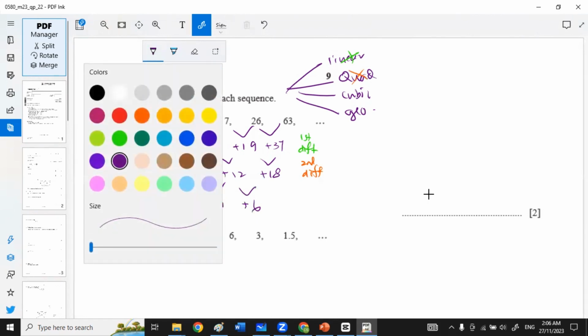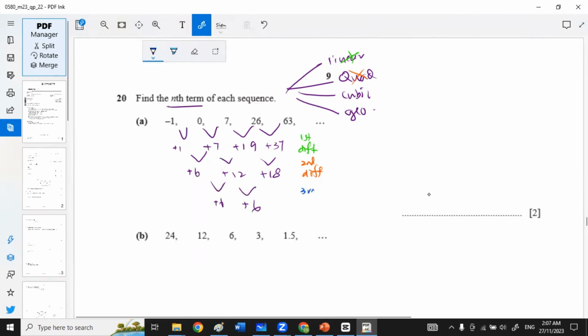So this is the third difference, or also the common difference. Therefore, it's a cubic equation. Okay. For the geometric, you have the common ratio.